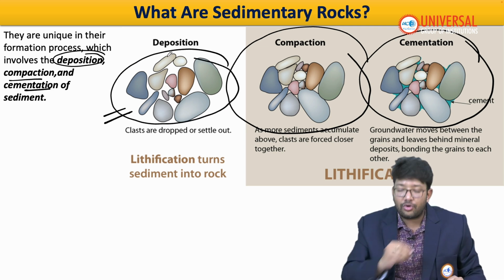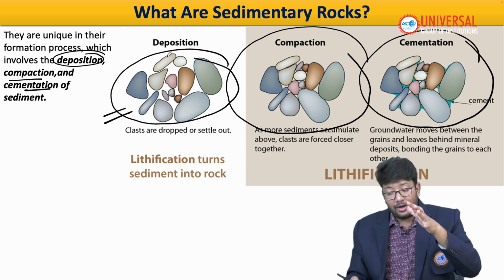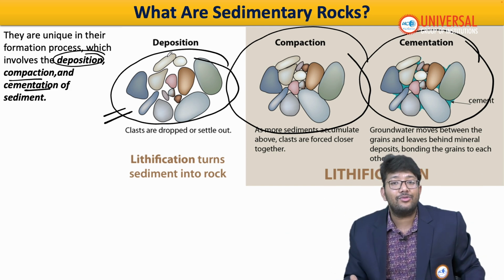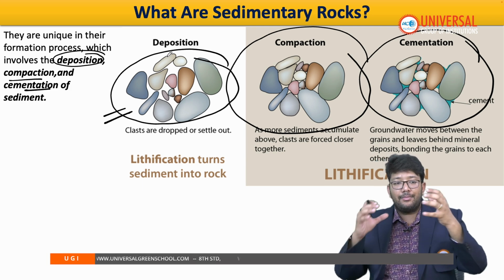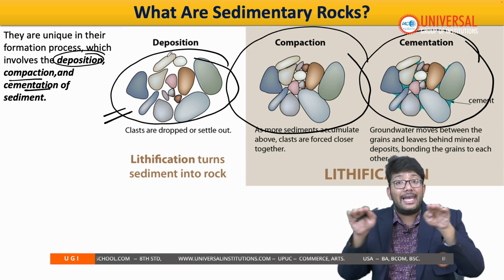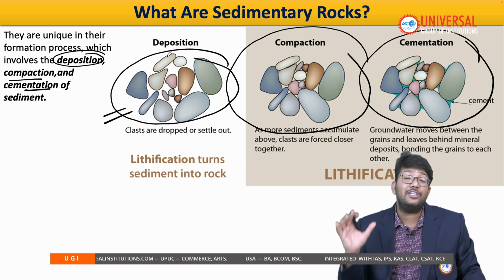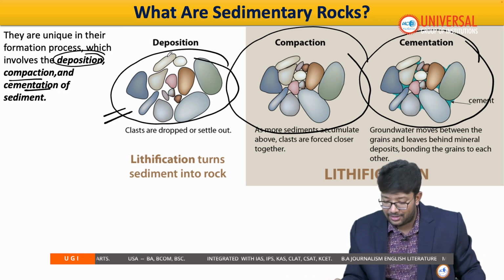When these primary rocks, the igneous rocks, bind together and make a new type of rock, that is called sedimentary rock. We have to remember: as more cementation takes place, more layering happens. Layering is a unique feature of sedimentary rocks.